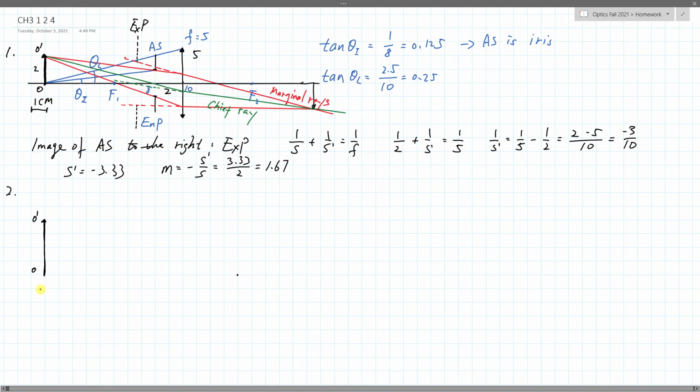So let's look at the lens. The lens is a thin convex lens, 6 centimeter focal length and 5 centimeters in aperture. So we have the same size lens. So let's go up to 2.5, down 2.5.